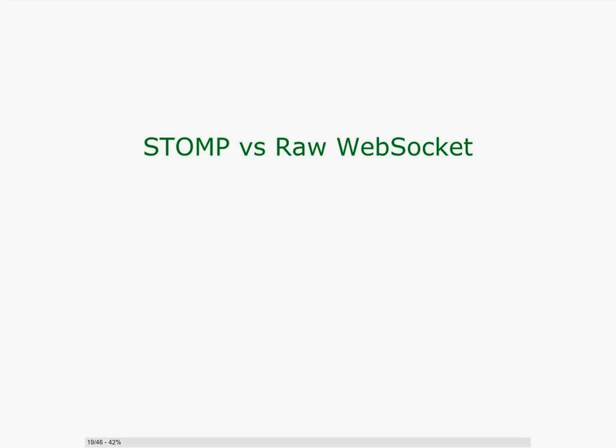So what do we get of using STOMP as opposed to raw WebSocket? We actually gain quite a bit in doing very little. Number one, we get a standard message format. Now the content of our messages is using a protocol that is a standard protocol, which is used in messaging, and it has very wide support both on the client and the server side.